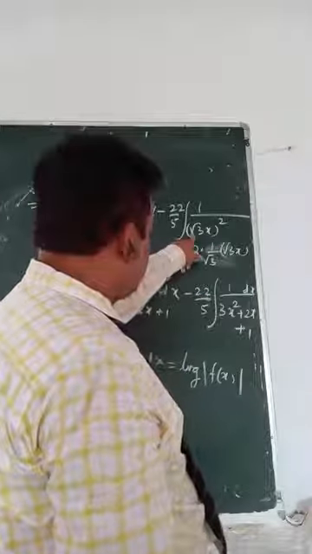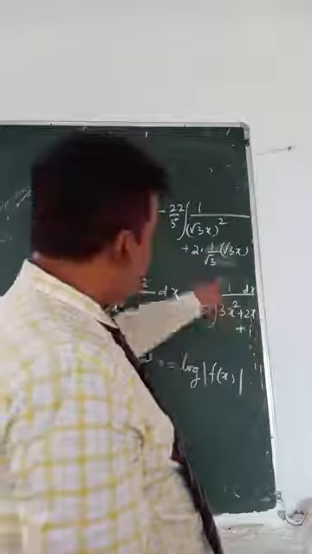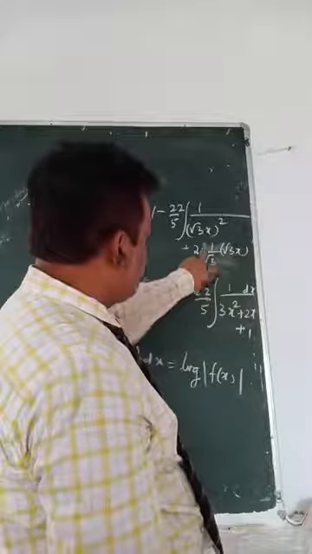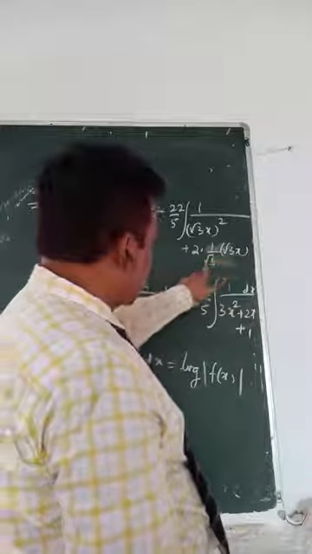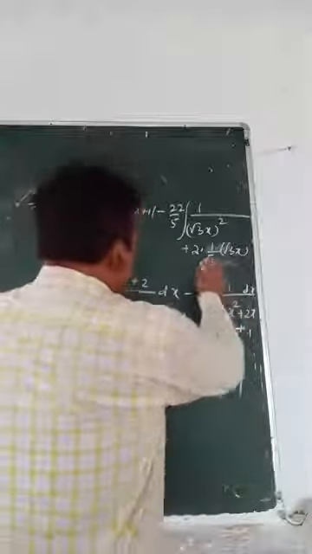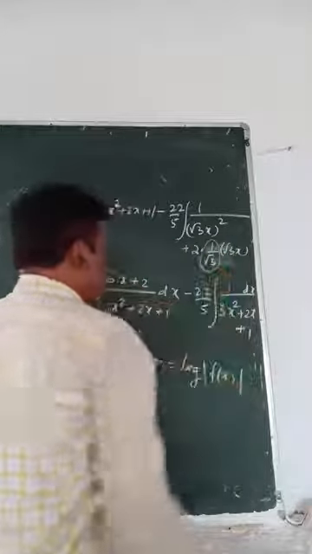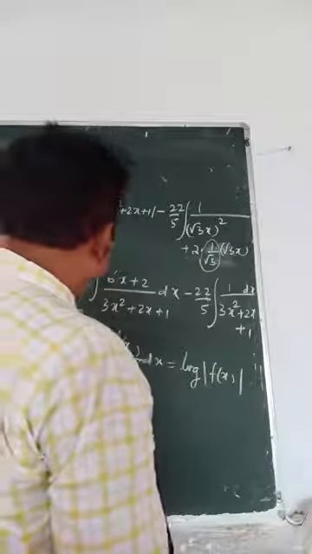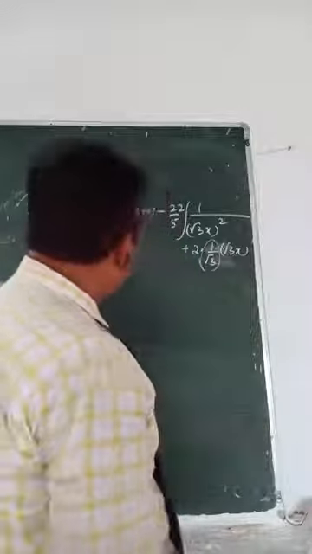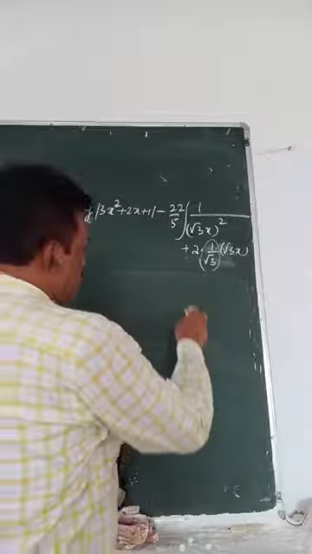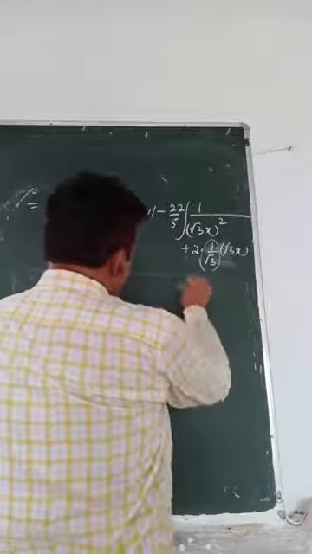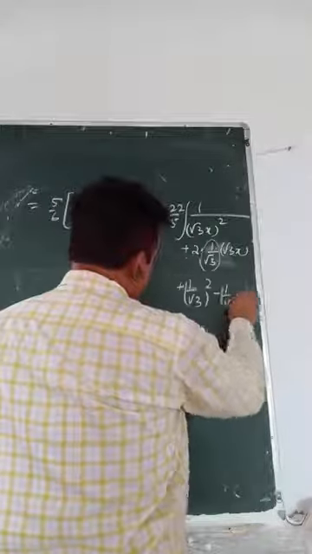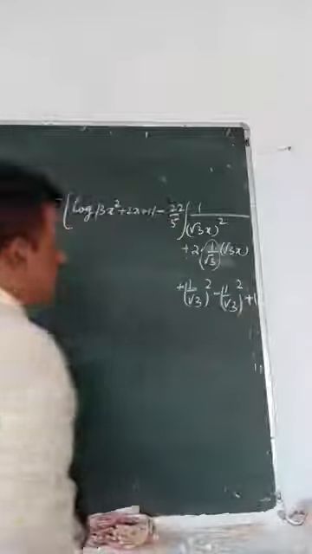A square, it is 2x now, 2a. A means how much? Root 3x. So b should be what? Now root 3 cancelled. Then it will be 2x or not. So this is your b for it. This is b now, 2ab. Then you have to make it. It is a space problem here. So plus 1 by root 3 whole square minus 1 by root 3 whole square. Then the last term is plus 1.